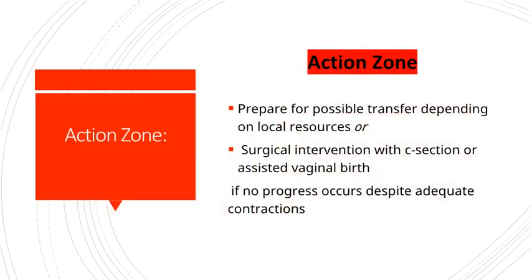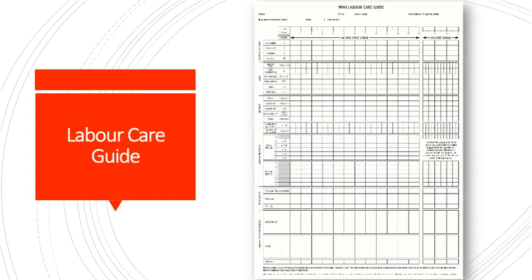The action zone indicates a need for urgent action if there is no cervical change despite adequate contractions. You should be preparing for possible patient transfer or to complete delivery by cesarean section or assisted vaginal birth. The WHO introduced the Labor Care Guide in 2020 for use in place of the partogram.